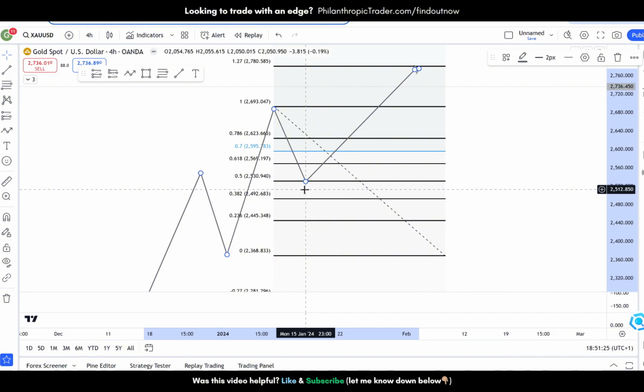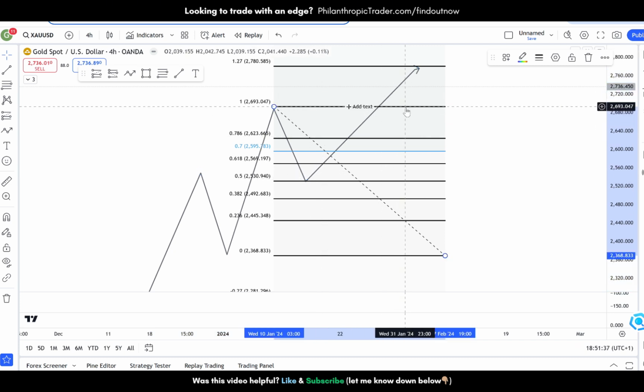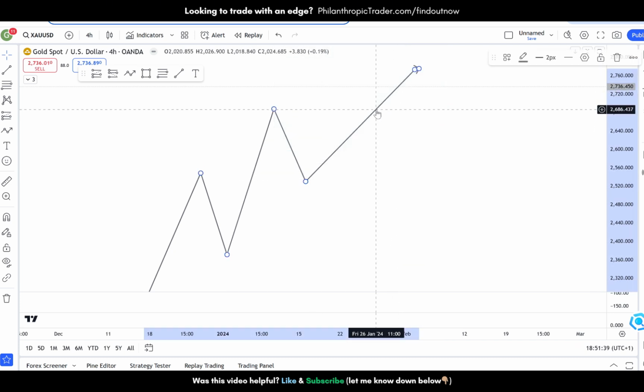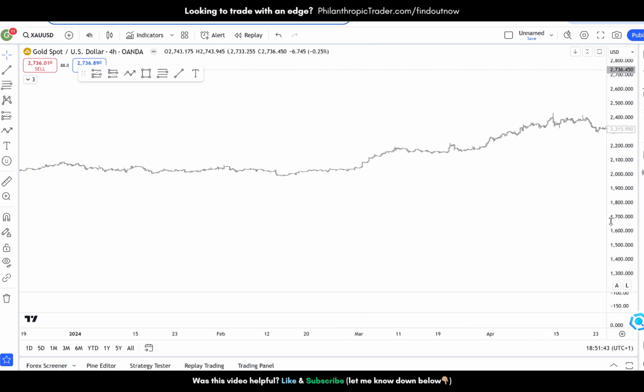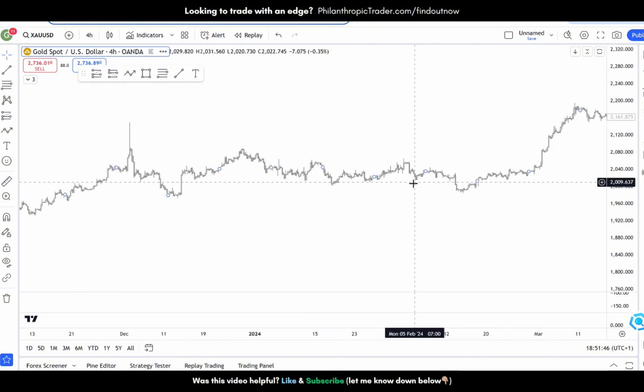But from this, if price retraces to this area, then you see a bullish candle, for example, an engulfing, and then you can take the trade. So this is really handy to know before you take any trades. You need to understand the market structure.